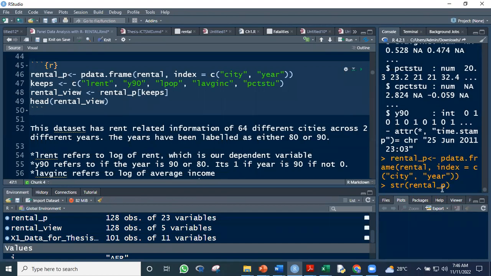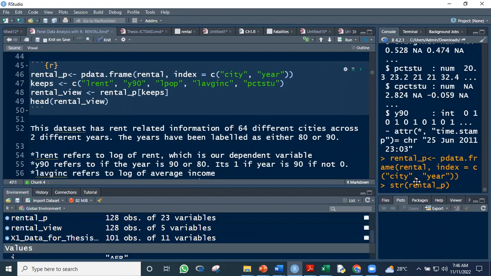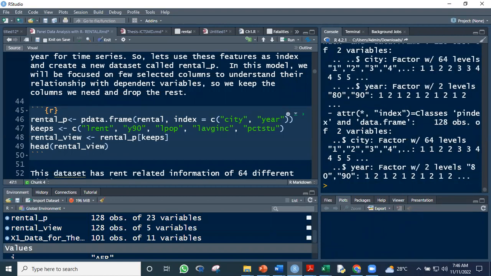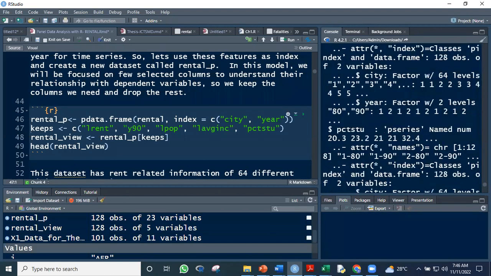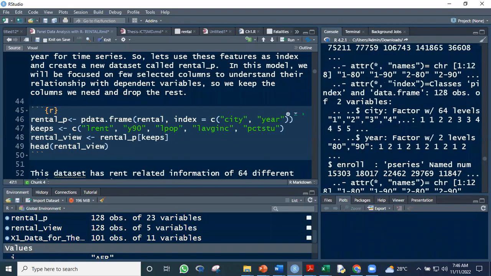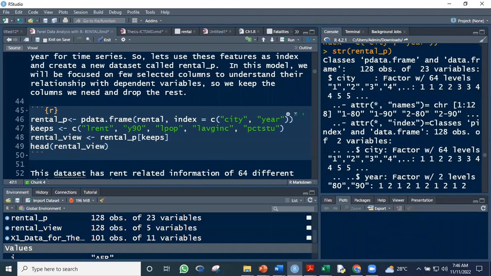Let me change this to rental P. I'm just running it here in our console, taking a look at the structure of rental P. So you can see here now that rental P still maintains its data frame, but it's also added another feature to it. It's now treated as a panel data.